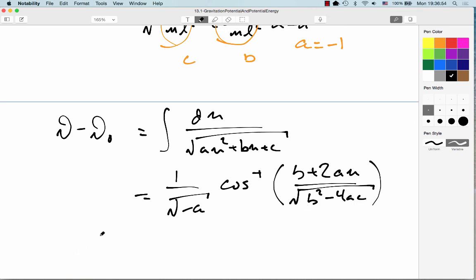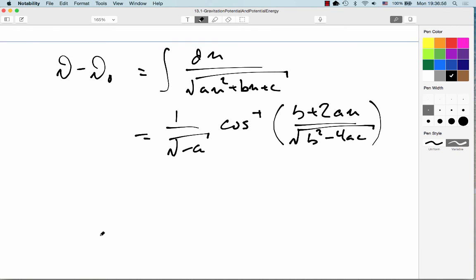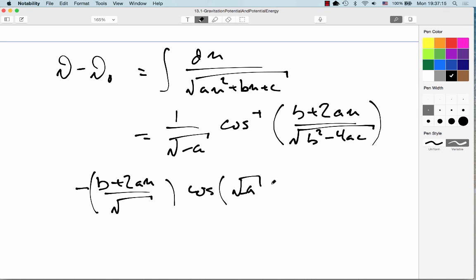So I can rearrange a bit. I can say that minus b plus 2au over the root is equal to the cosine of root minus a times theta minus theta naught.